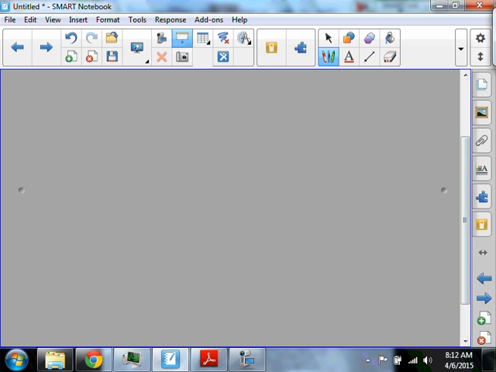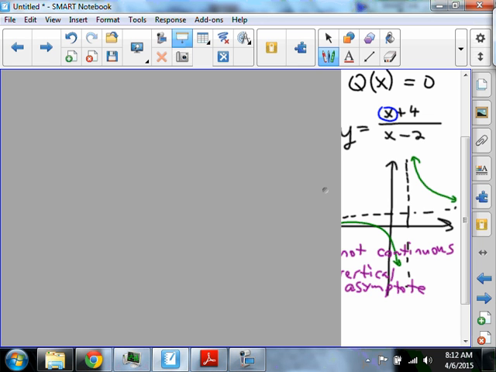A lot of people want to try to cancel this x with this x like that, and you can't do that, because it's not x times something, it's x plus something. So there is no common factor in the numerator and the denominator. Yeah, 4 and 2 have common factors, but it's x plus 4 and x minus 2. Each one of those is an entity. So there's no common factors there. And if we look at the denominator, x minus 2 is not allowed to equal 0, so x isn't allowed to equal what? X isn't allowed to equal 2, and that's where our vertical asymptote happens in that one, okay?